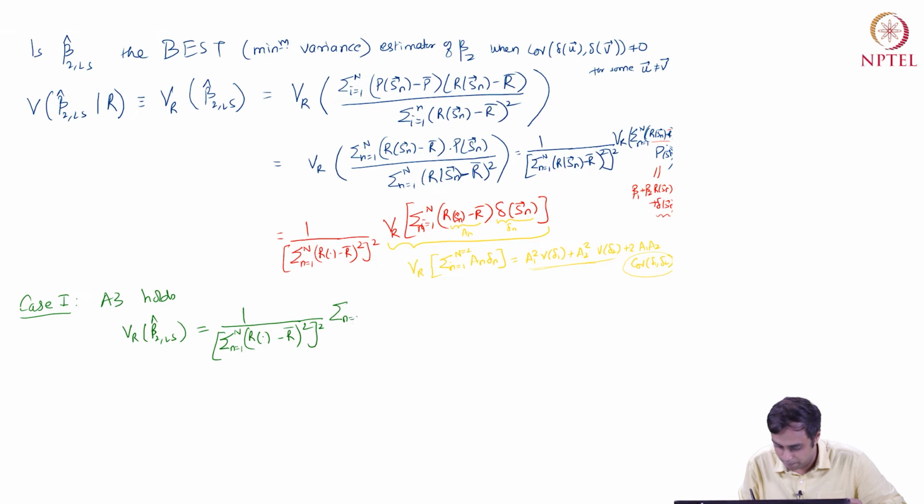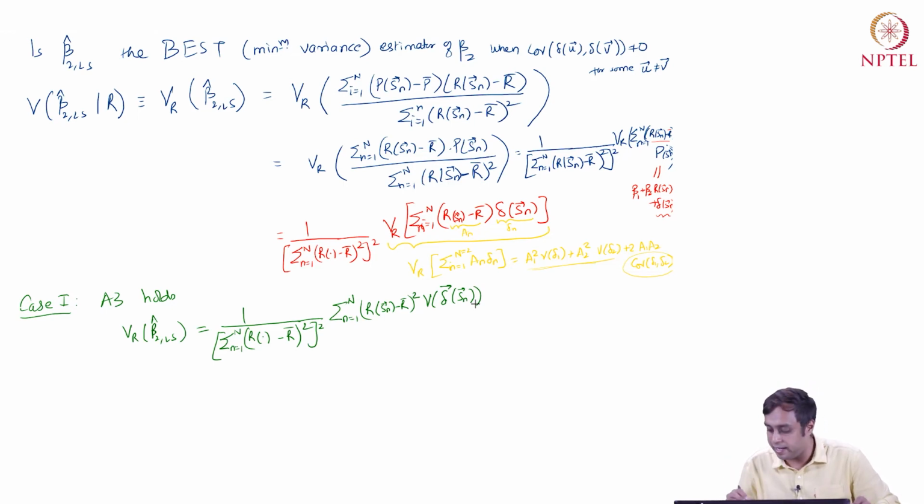I'm going to apply my understanding of how the variance operator works when the covariance terms are 0. So n equals 1 to n (r Sn minus r bar) squared, and then apply the variance operator on each of the delta Sn's.